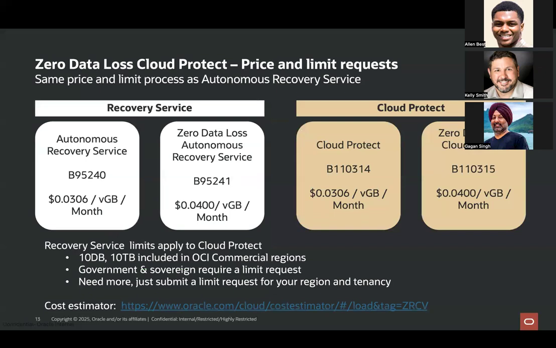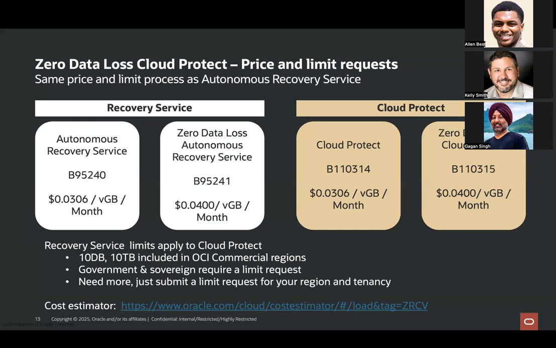To get a little bit into the overall price, this is very similar to the structure that you'll see within the Autonomous Recovery Service and the Zero Data Loss Autonomous Recovery Service. We charge per virtualized gigabyte per month, and you see the prices listed on the screen. So it's basically 3 cents for the Autonomous Recovery Service and 4 cents for adding the zero data loss capabilities.